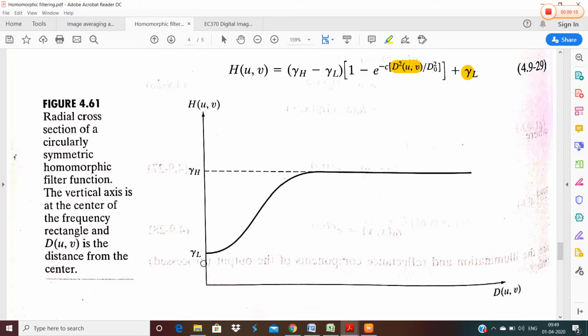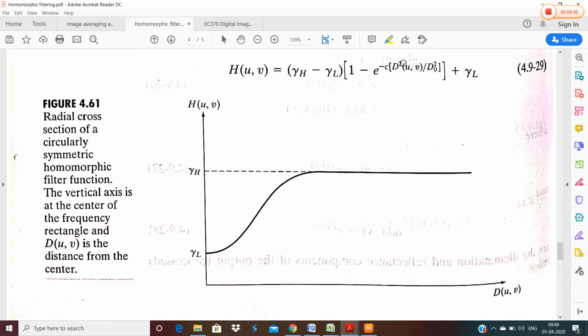That is obtained here. This is your frequency axis D. At D equal to 0, your H of u comma v is equal to gamma L. And as you increase D, you can see that H of u comma v increases exponentially initially. And finally, for very high values of D, I mean high frequencies, this quantity will be negligible.